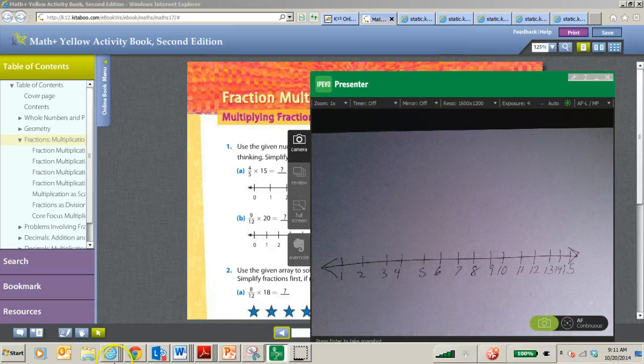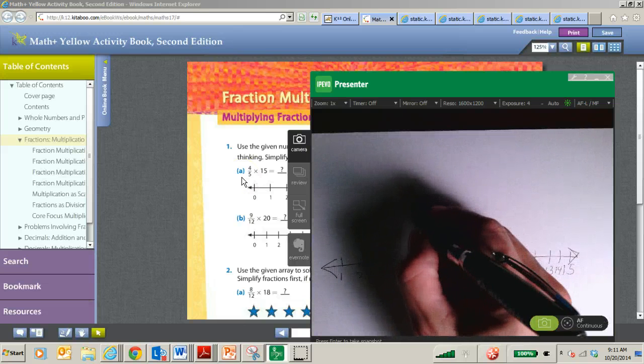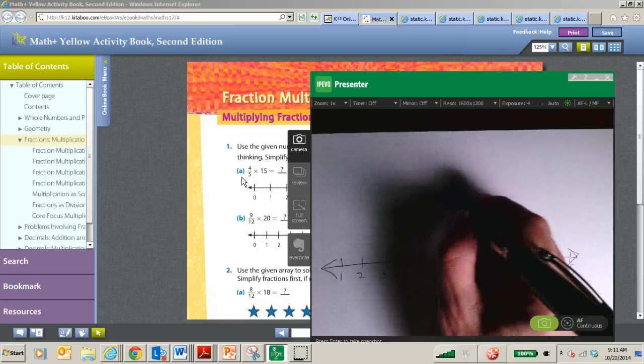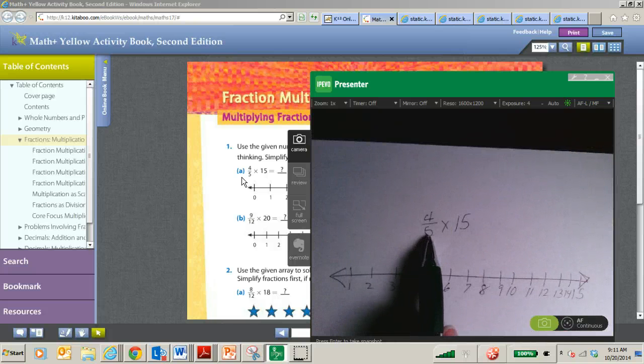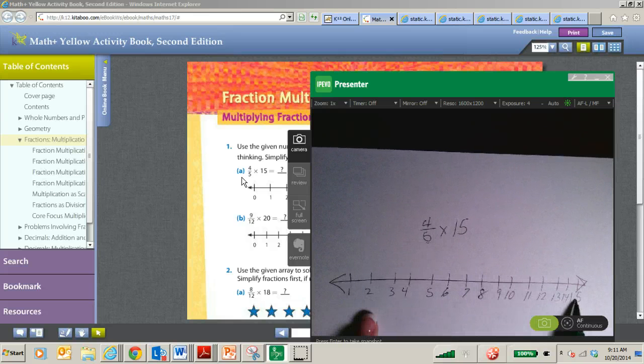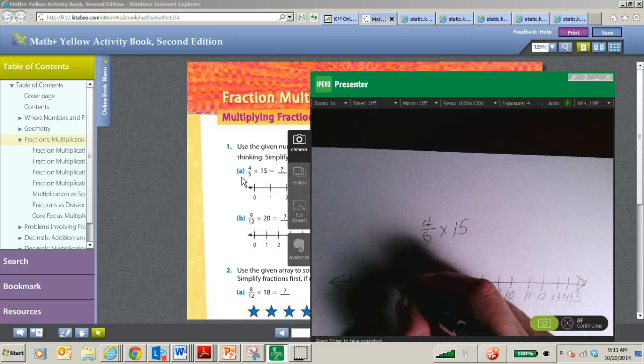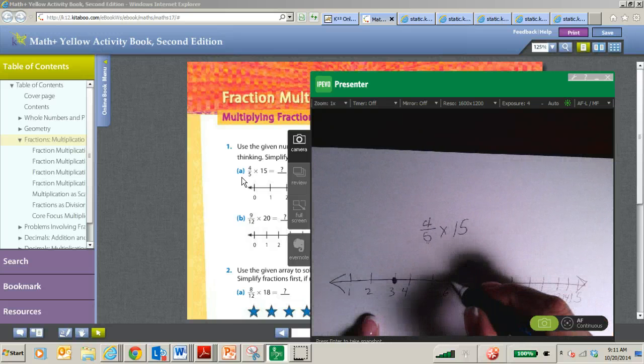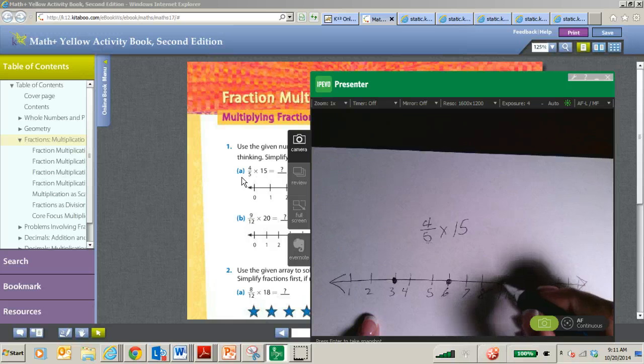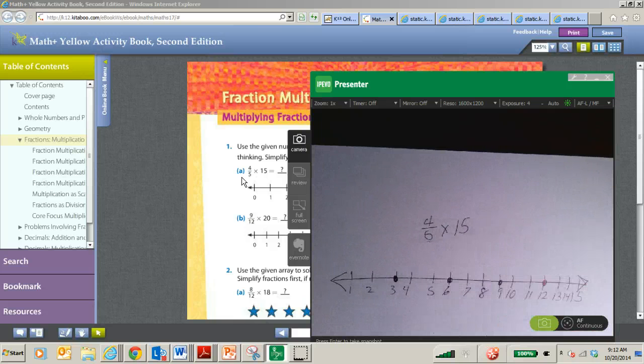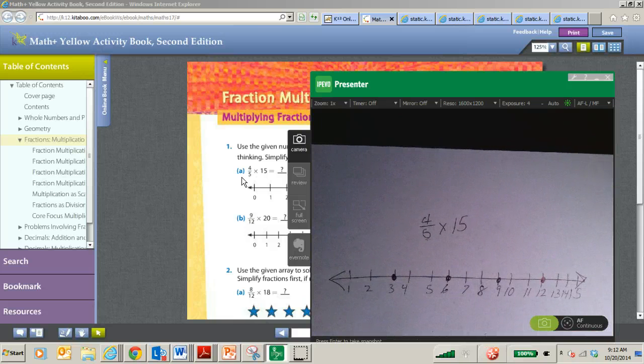Now, let's look back at this problem. It says 4/5 of 15. But we know with this denominator that we need to divide this number line into 5 equal pieces. 15 divided by 5 means that there's going to be 3 in each. So we have 3, 6, 9, 12. If I want 4 of the 5 pieces, so we have 1, 2, 3, 4, 5 pieces now.